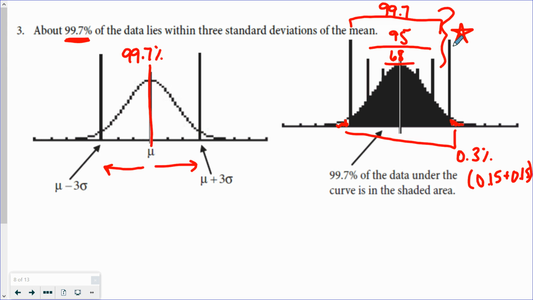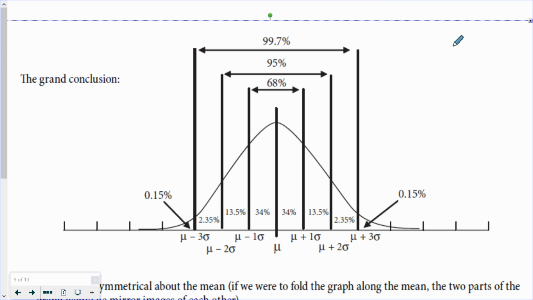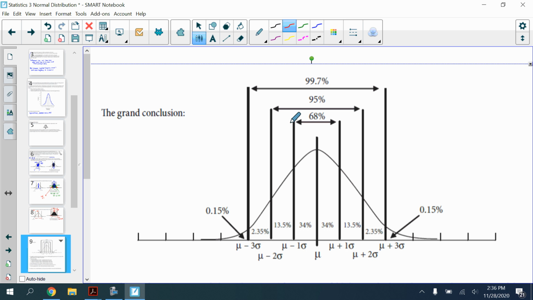So the grand conclusion kind of wraps it all up nicely. I'm going to get my colors again because I like to represent it that way. So I think we were doing blue first, right? So the mean plus or minus 1 standard deviation is 68. The mean plus, I'm going to go all the way across here, or minus 2 standard deviations is that 95.